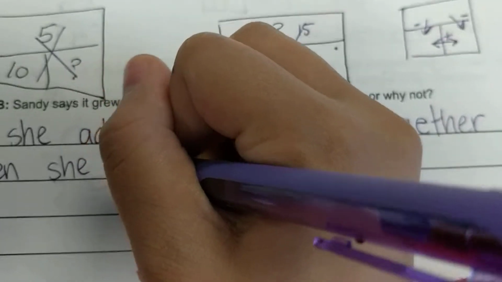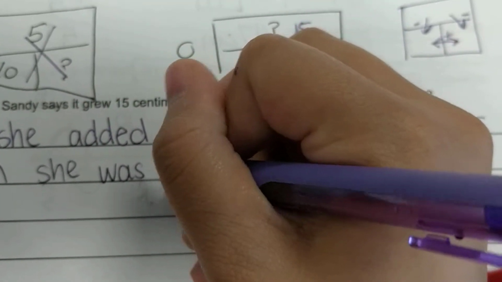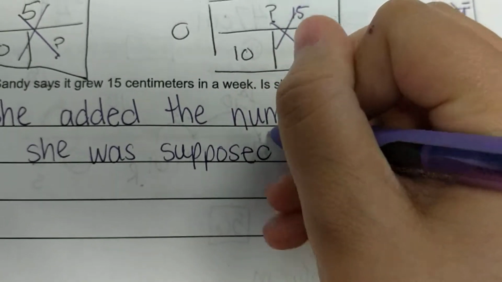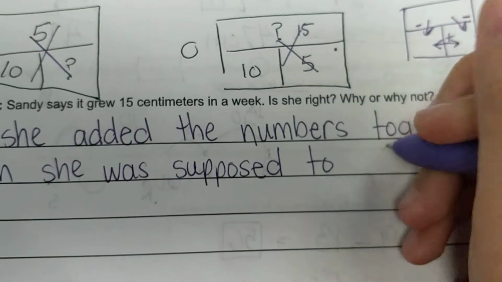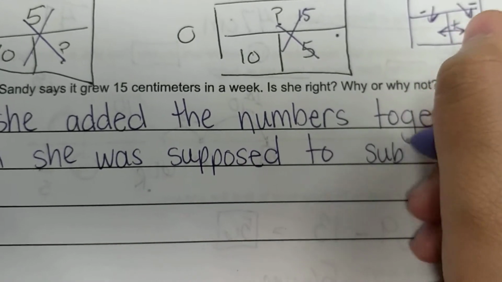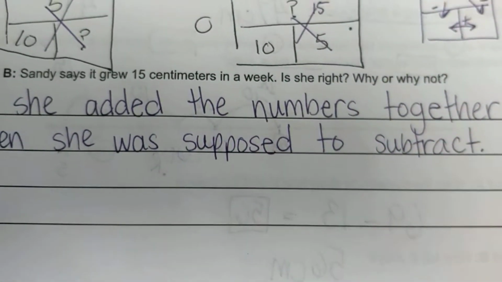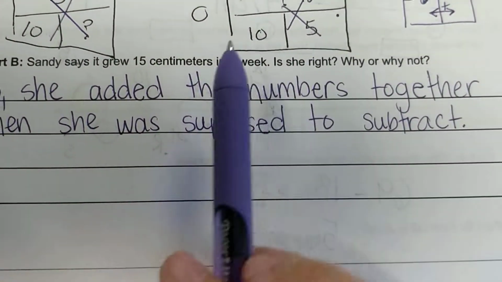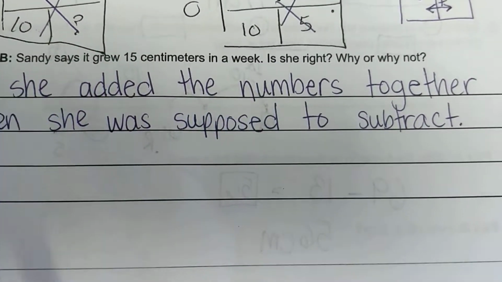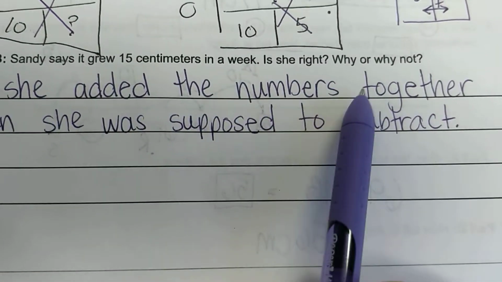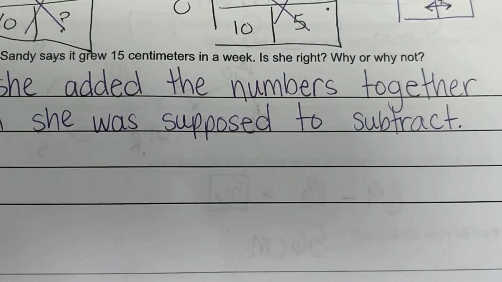She was supposed to subtract. Simple and sweet. I answered the question, is she right? No. Then I answered why or why not. I said she added the numbers together when she was supposed to subtract.